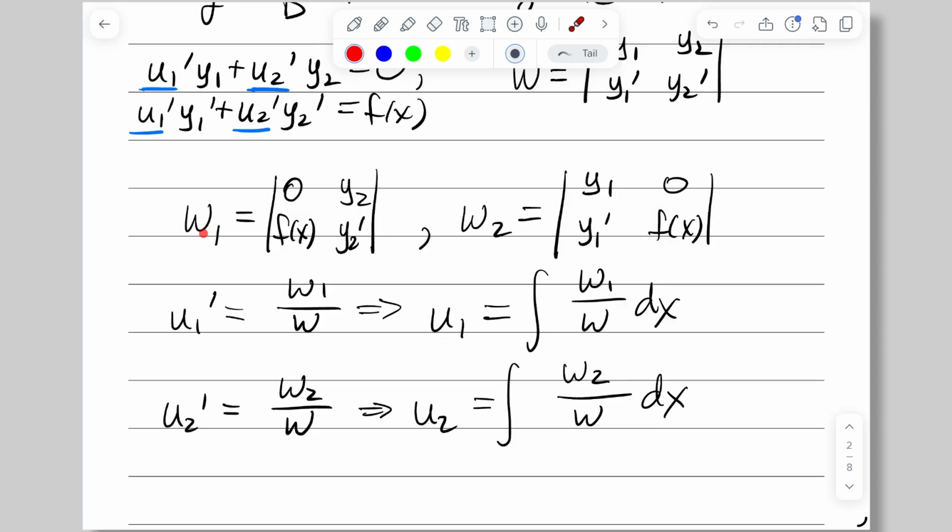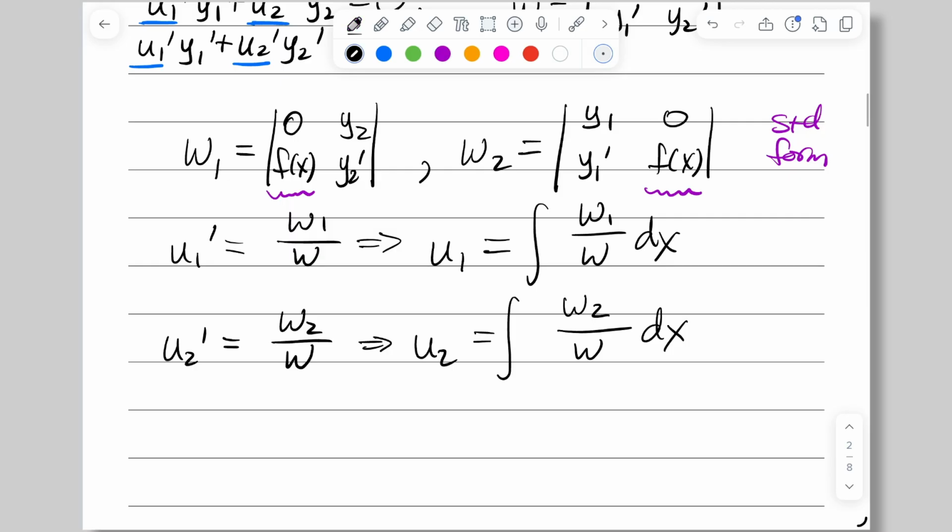When we form W1 and W2, I need you to remember that f of x is what you get on the right-hand side after the equation is in standard form. And then finally, we said that the particular solution has the form yp equals u1 y1 plus u2 y2, where y1 and y2 were the solutions to the homogeneous differential equation.